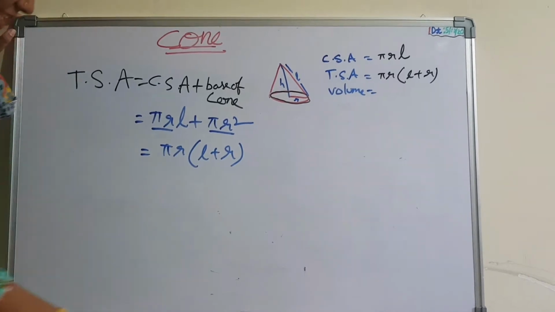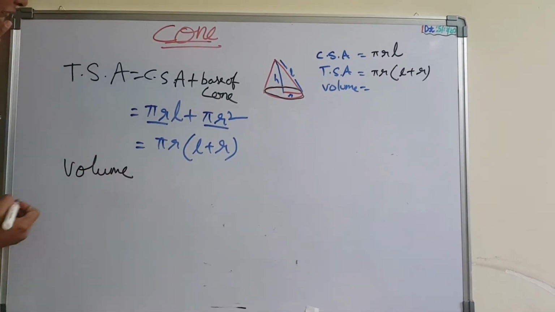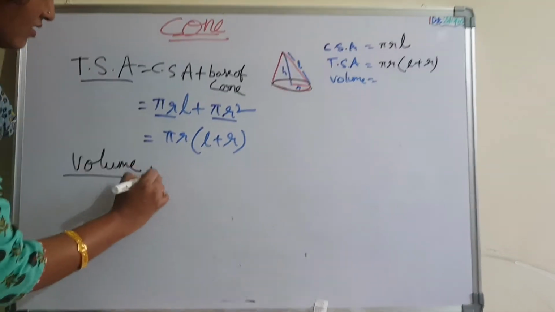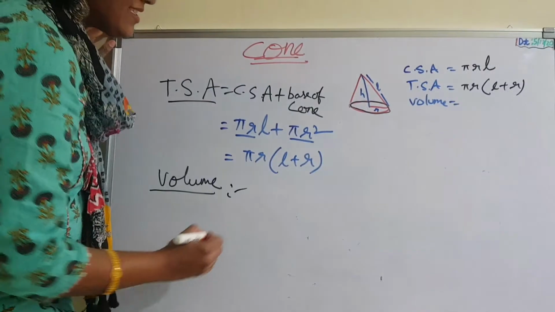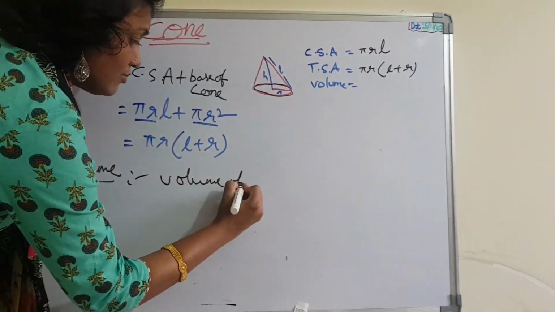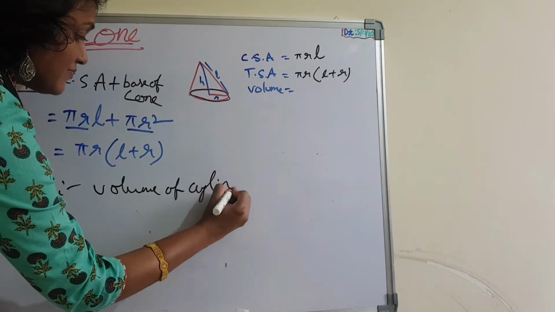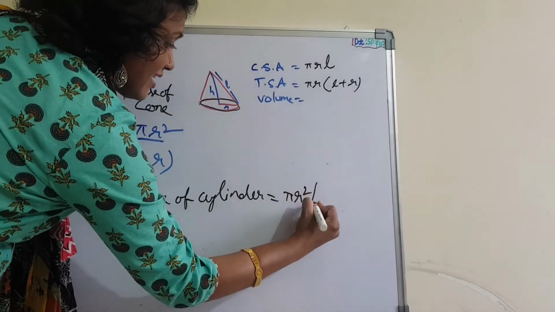Now we will study the volume of the cone. Actually, what is the volume of a cylinder? Pi r square h.